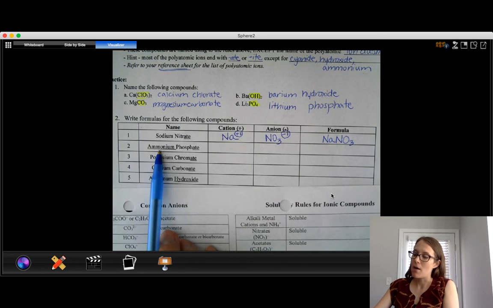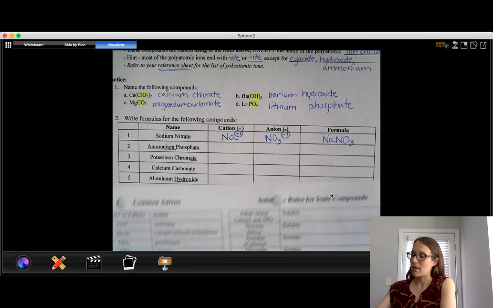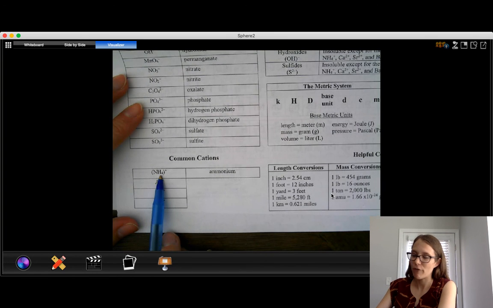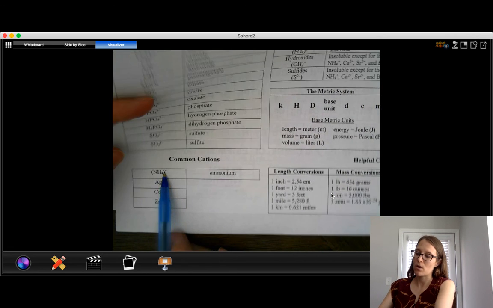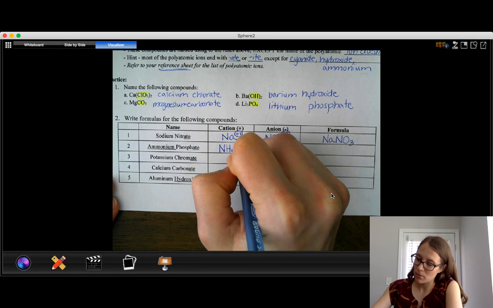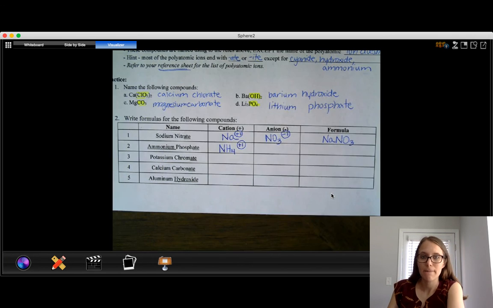Okay. Ammonium, this is one of the 3 polyatomics that doesn't end with an ate or an ite, but it is a polyatomic. So I'm going to look it up on here. Ammonium is NH4 with a charge of +1. So NH4 with a charge of plus, which means just 1 since the 1's not written.